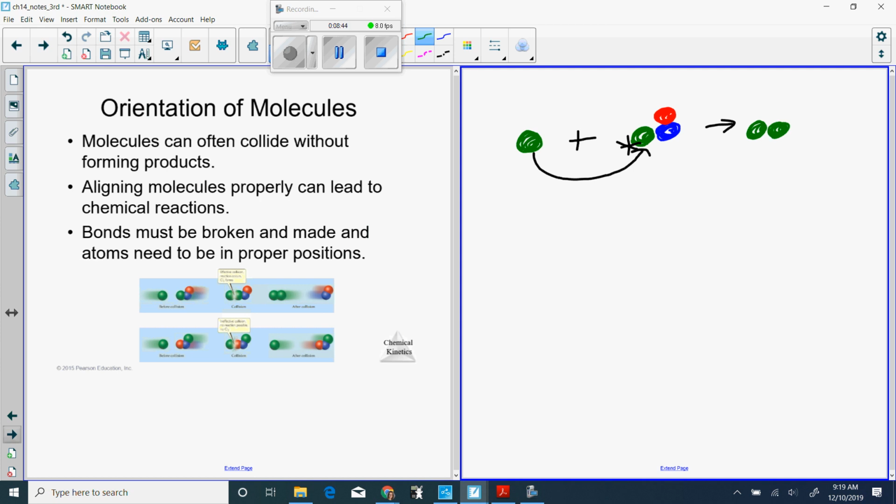I make a new green-green, and I have a blue-red left over.